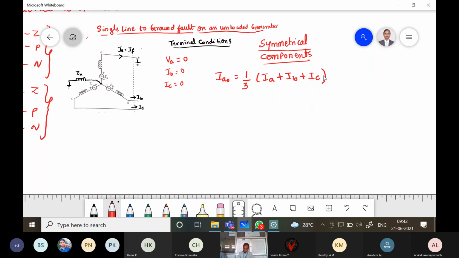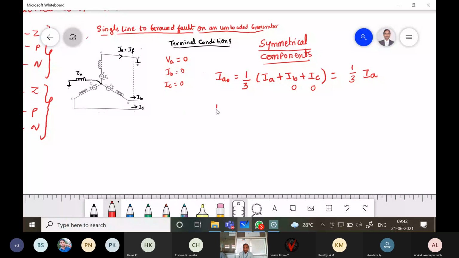This is for IA naught. From the terminal condition, we got IB and IC as 0. Putting IB as 0 and IC as 0, the remaining thing is 1 by 3 times of IA.